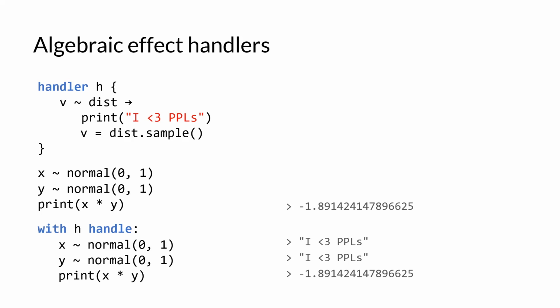In a language that supports effect handlers, you can make up your own operations and your own effects. So we say sampling from now on in Edward 2, and Pyro also works in a similar way, is an effectful operation, and we need to find out how to deal with it.